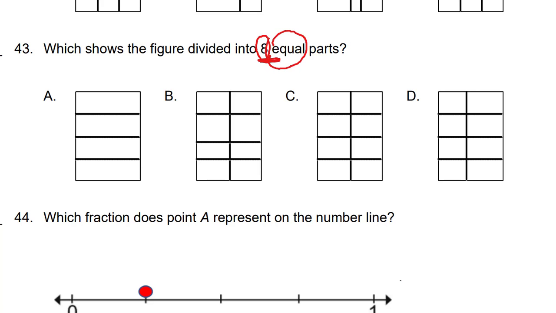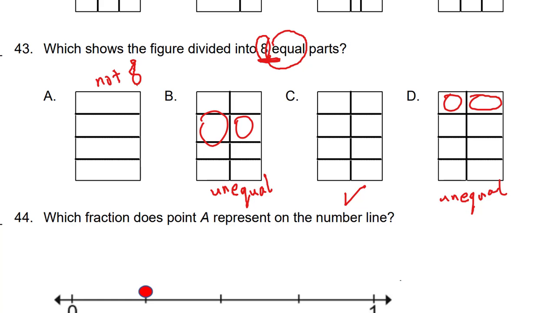These are not 8. And these are not equal. These are 8 and are equal. These are not equal since this one is small and this one is big. So these are unequal. This is a very easy question.